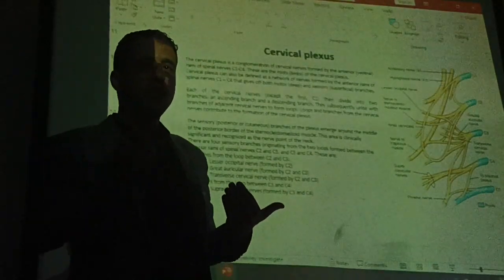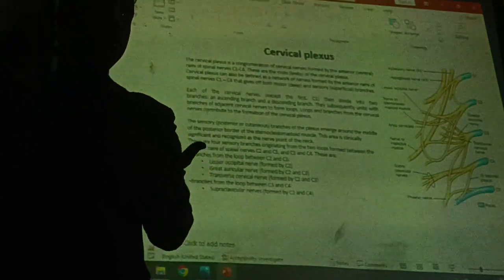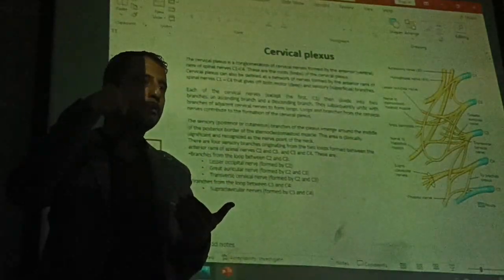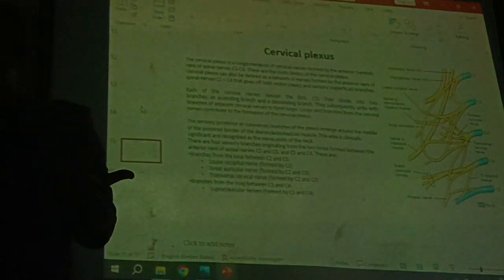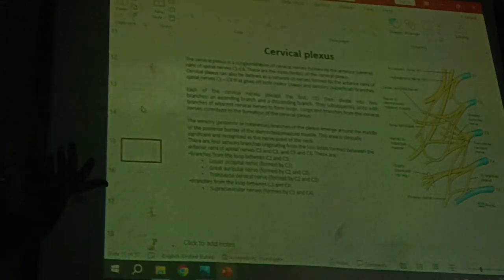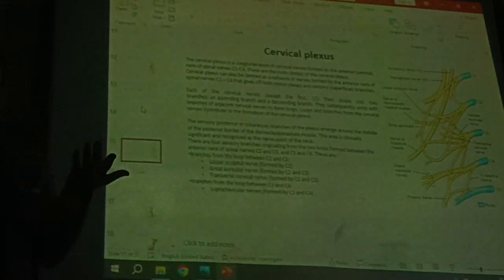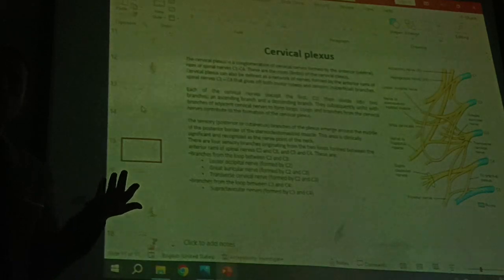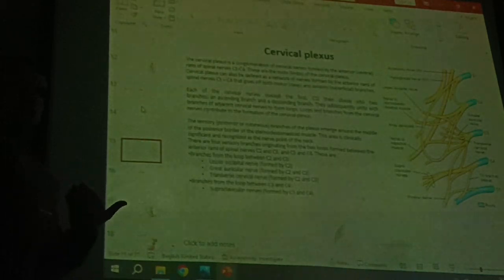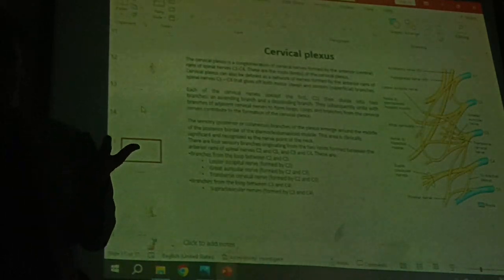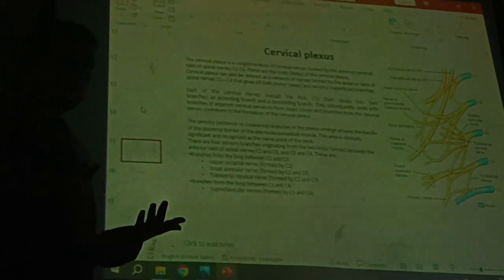The ansa cervicalis is located deep to the SCM, in the depths of the carotid sheath. The carotid sheath covers the internal carotid, common carotid, and internal jugular vein, and also the vagus nerve.